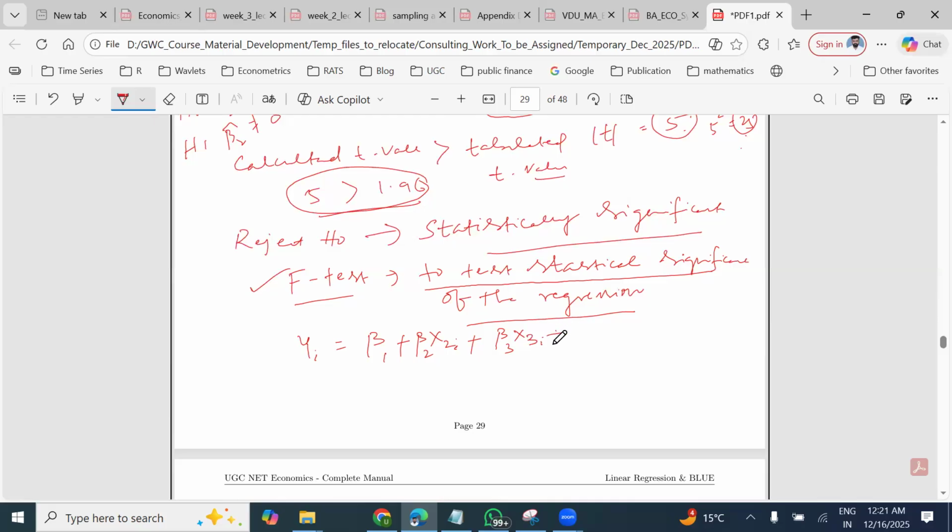So I will write: X2i, X3i, because X1 is reserved for the intercept. We start with X2i, X3i, and it will go up to beta k Xki. Please remember this.